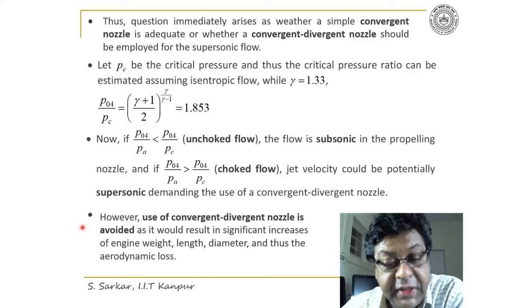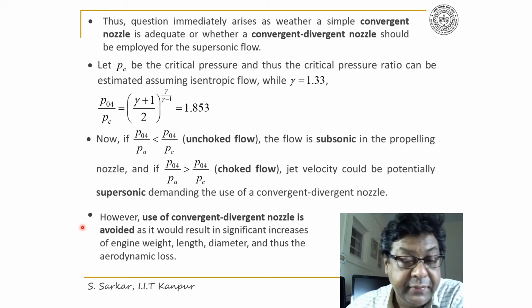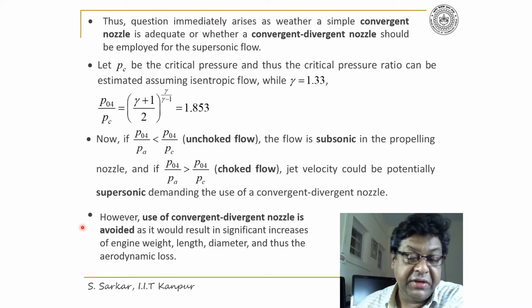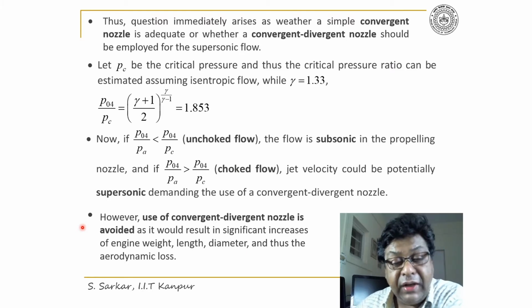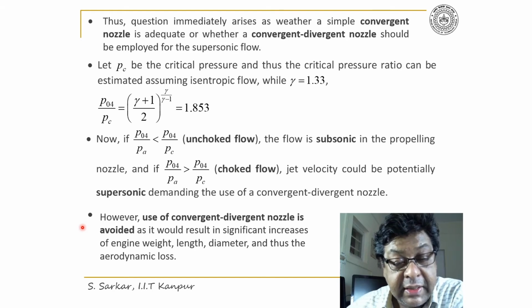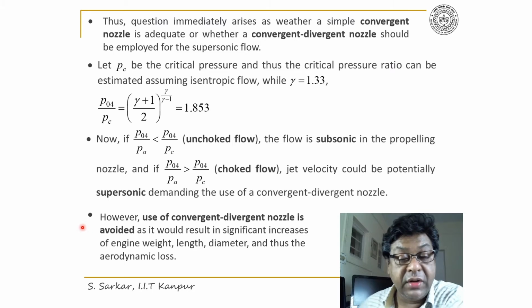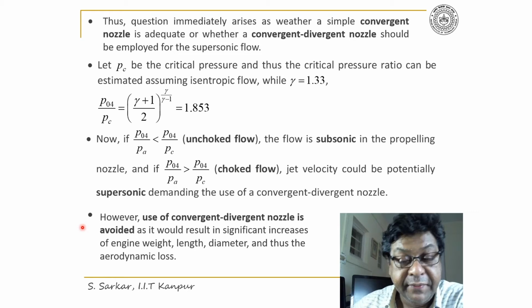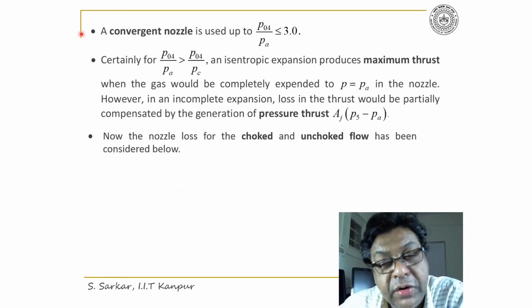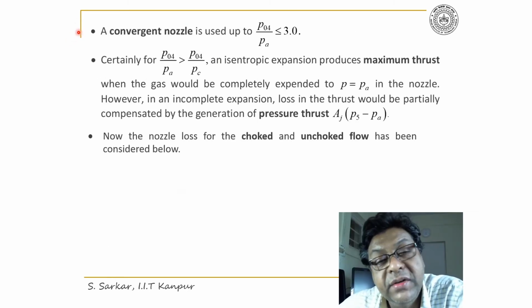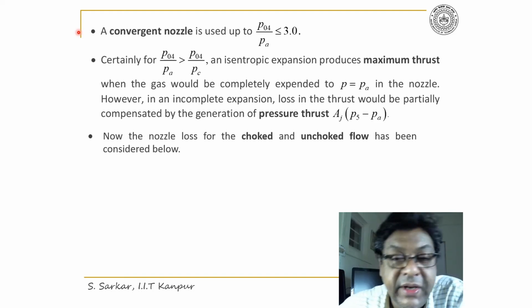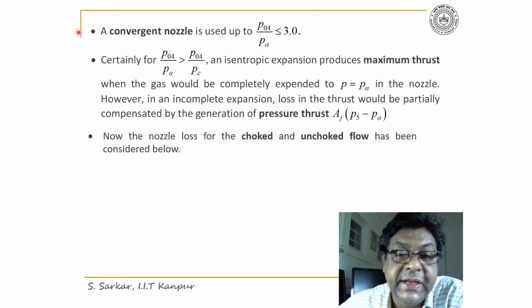So please note here that even if the atmospheric pressure is less than the critical pressure, we generally use the convergent nozzle, considering the fact that a convergent divergent nozzle would create significant aerodynamic loss, engine weight, and length. Let me conclude here that a convergent nozzle is used up to a limit when P04 by Pa is less than or equal to 3.0.